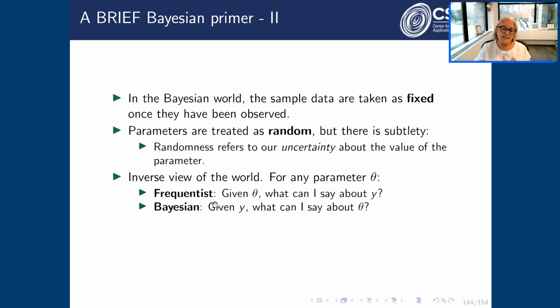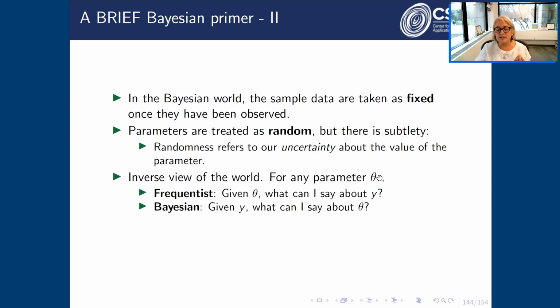The frequentist says, if I know something about the population proportion, then I can tell you what to expect if I draw a sample from that population. The Bayesian says, I have a sample. Given that sample, what can I say about the population parameter?